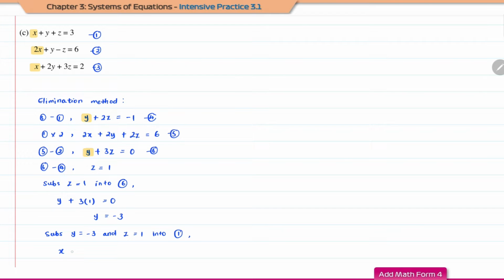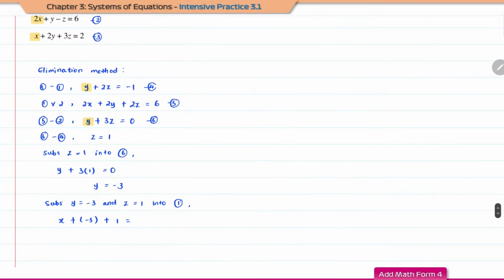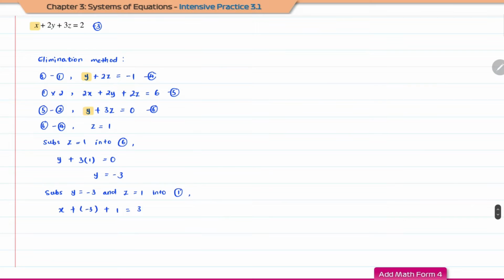So x plus y, so the y is going to be negative 3, plus z, which is 1, it will give you the answer of 3. So therefore x is equal to 3, so negative 3, move to the other side, plus 3 minus 1. So x will be equal to 5.